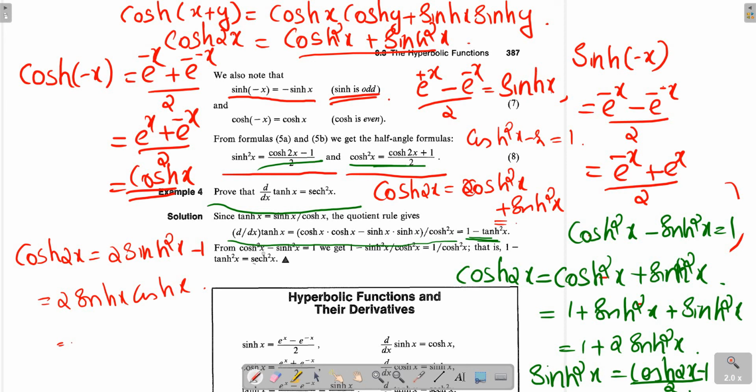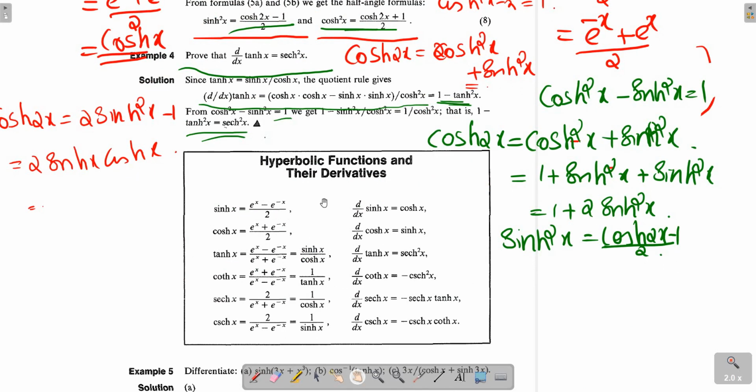From cosh square x minus sinh square x is equal to 1, dividing throughout by cosh square x, we get 1 minus hyperbolic tan square x is equal to hyperbolic sec square x.